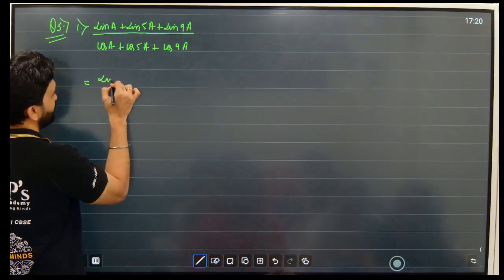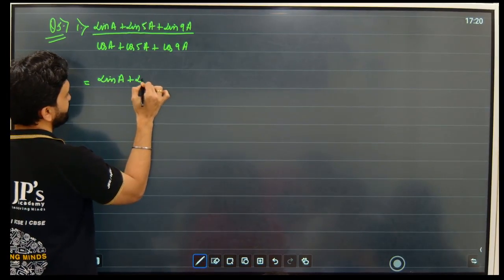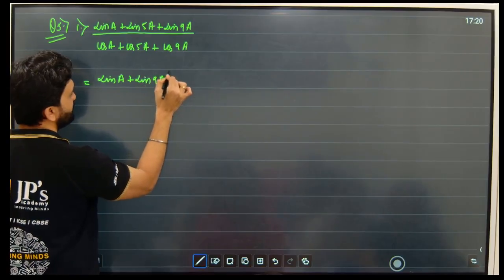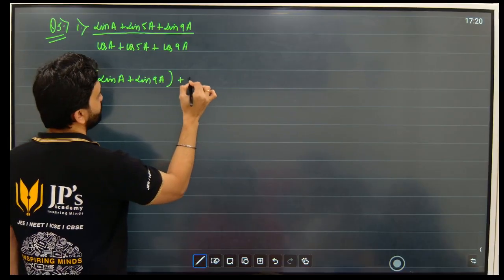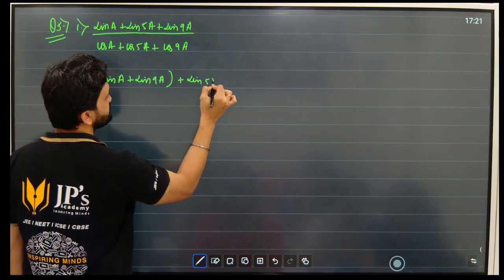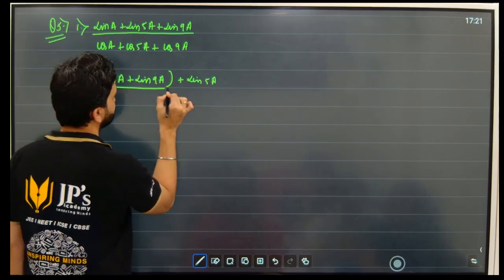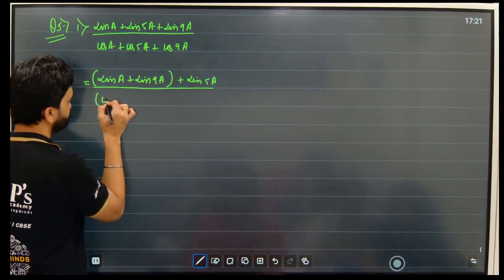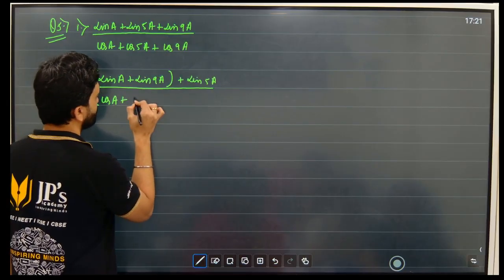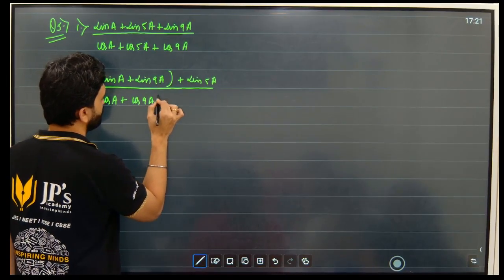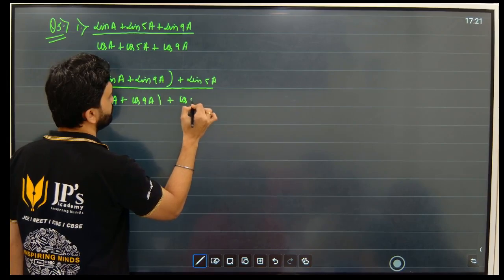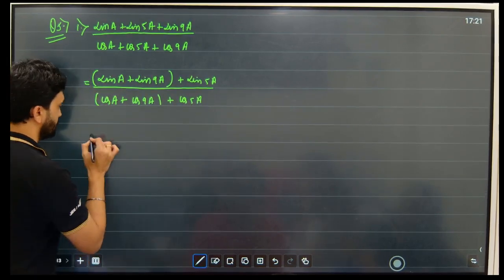So I will write this as sin a plus sin 9a together plus sin 5a, the whole upon cos a plus cos 9a plus cos 5a.